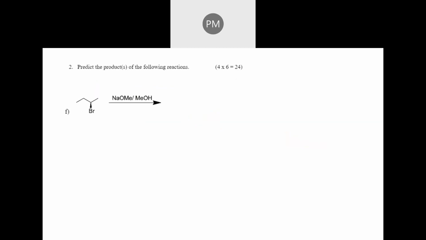For these cases, here also SN2 and E2 reactions are favored. Here the bromide is on the plane, and our nucleophile is OMe minus.